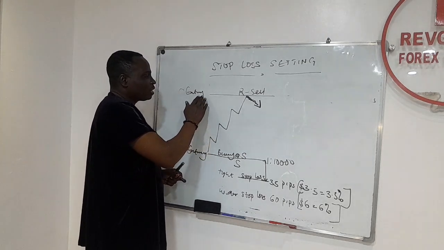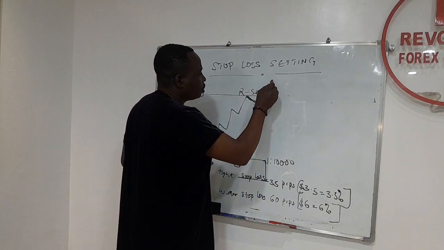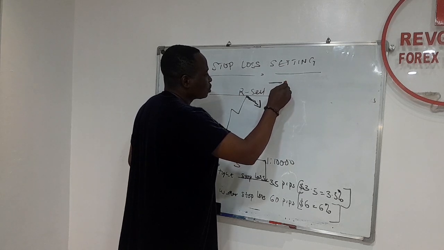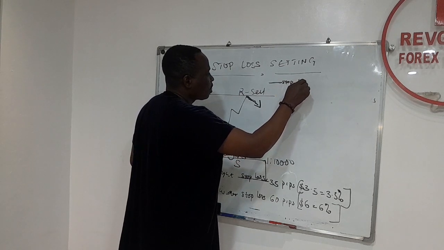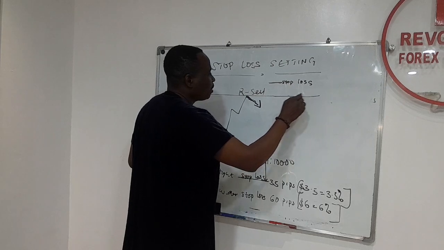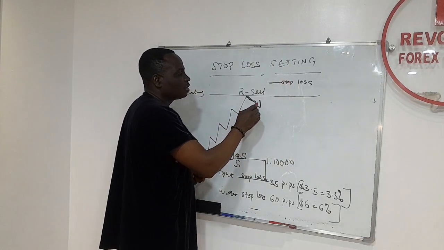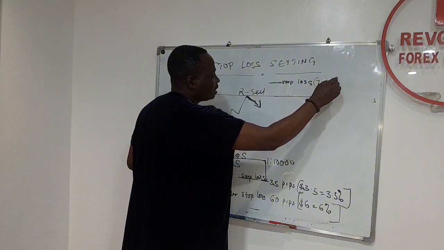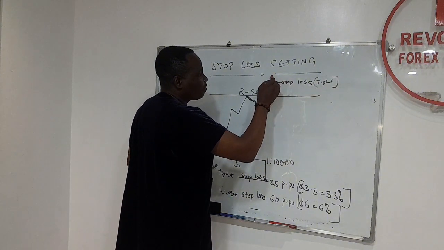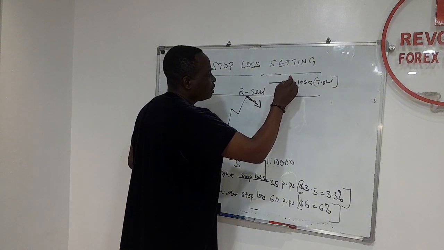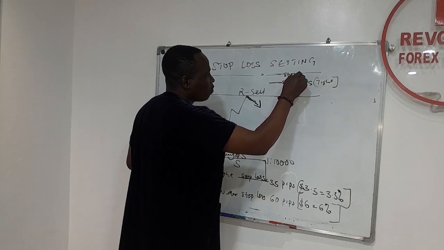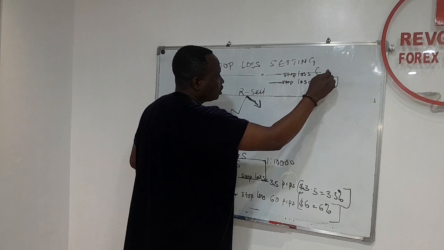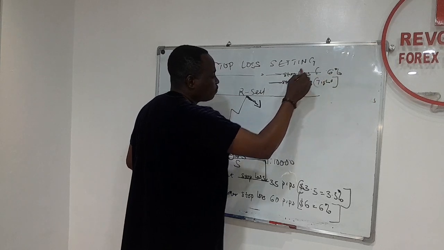So if the market will respect that key level, your stop loss will be above your entry. If you're using a tight one, we said a minimum of 35 pips. If you're using a wider stop loss, that should be about 6% of your account.